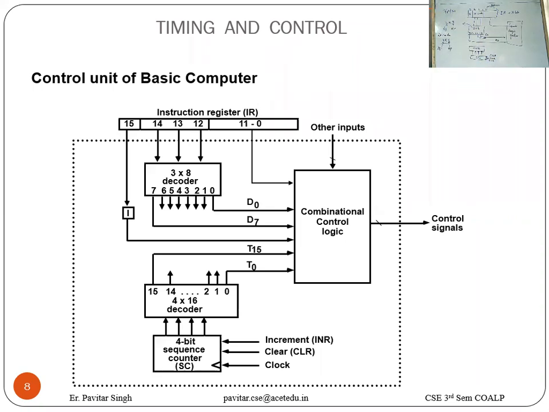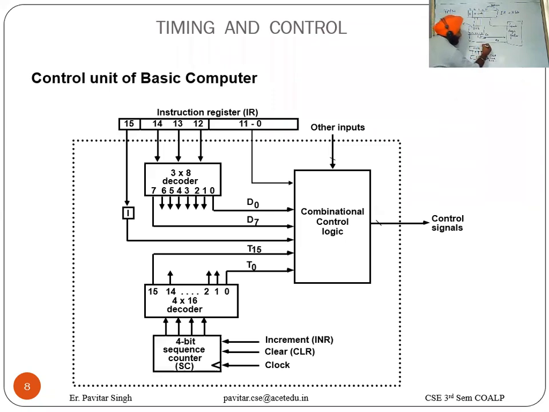Right? So at each time, its value keeps on being incremented to generate the timing signals, because it deals with the clock. How many timing signals will be generated with the help of the sequence counter? 16. 4 inputs into 16 outputs, right?